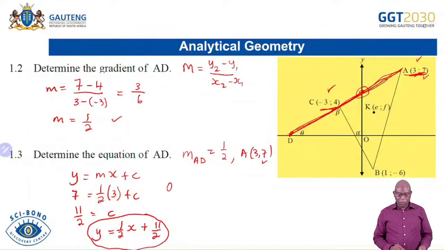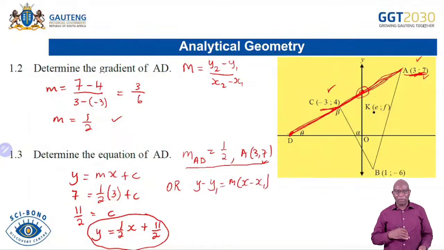The other way of doing that is you use y minus y1 equals m into x minus x1. So you can substitute directly, and then you get the equation.